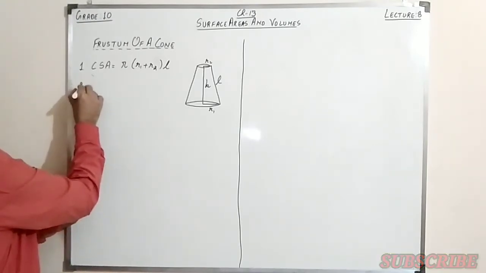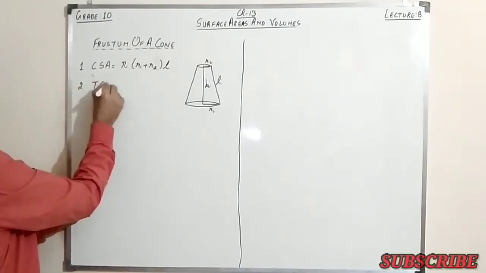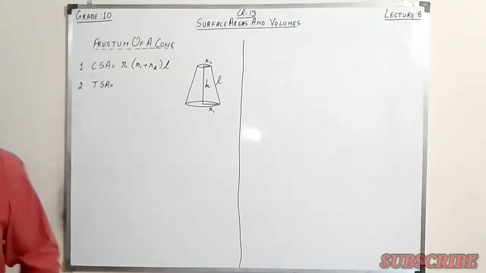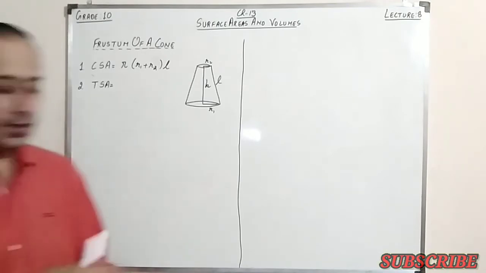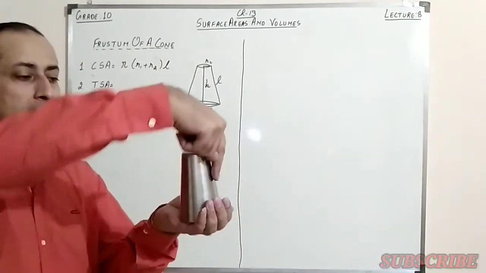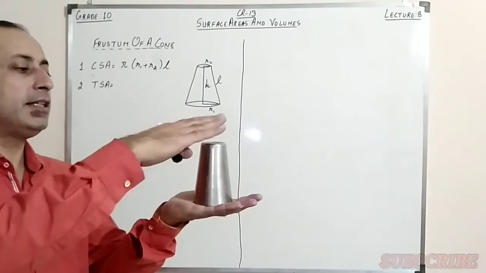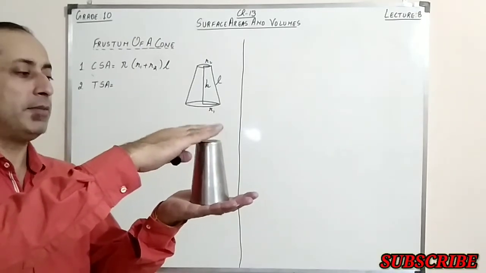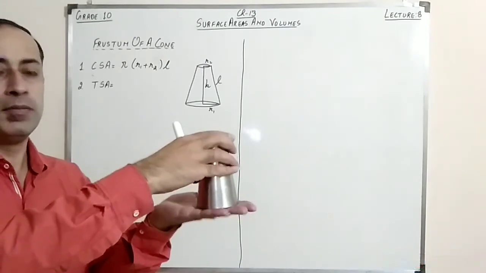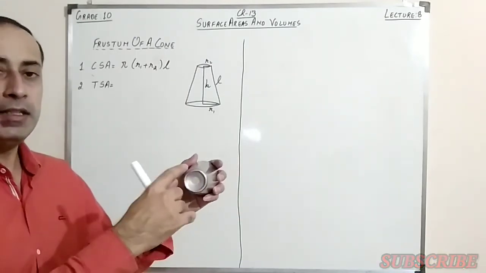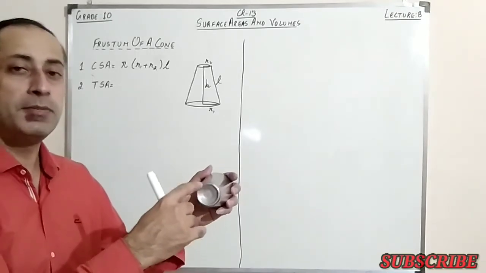Then we go to the second thing, that is the total surface area. It is quite understandable that when we talk about the total surface area, this is the curved area, this portion. I have to add both the bases, one at the top and one at the bottom. Each base is a circle, and the area of a circle is pi r square.